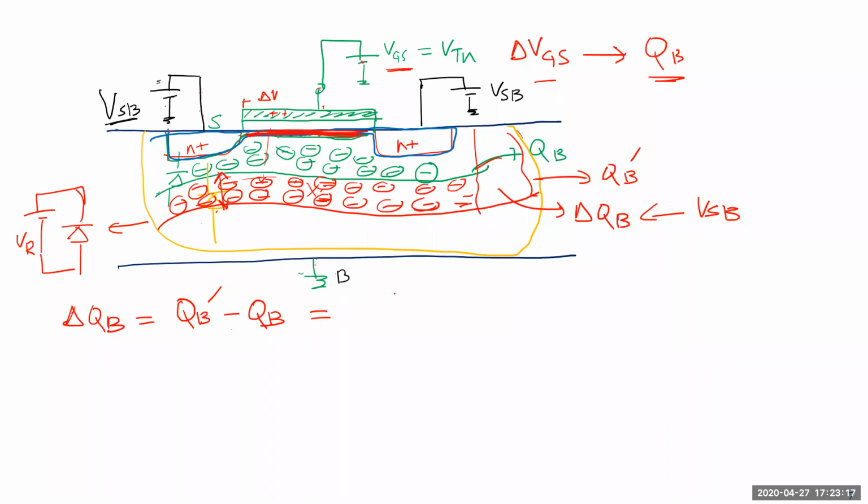And if you remember, this QB dash I can write as root of 2q epsilon S Na, and this quantity now will be 2 phi F plus VSB, because that's the positive reverse bias voltage. That's the total bulk depletion charge after I apply the source to bulk voltage, correct?